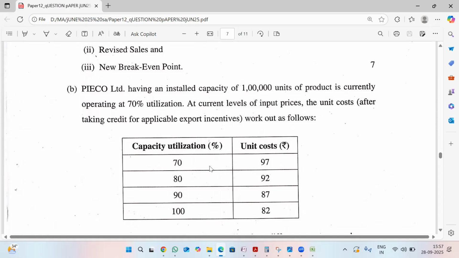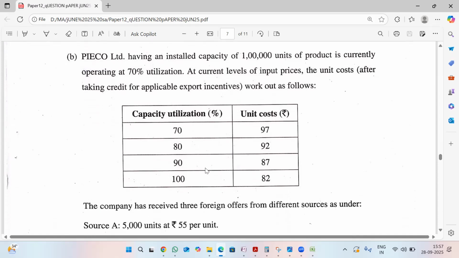If I'm operating at 70% capacity, my unit cost will be 97. If I am operating at 80%, my unit cost will be 92. At 90%, 87. If it is 100%, unit cost will be 82.